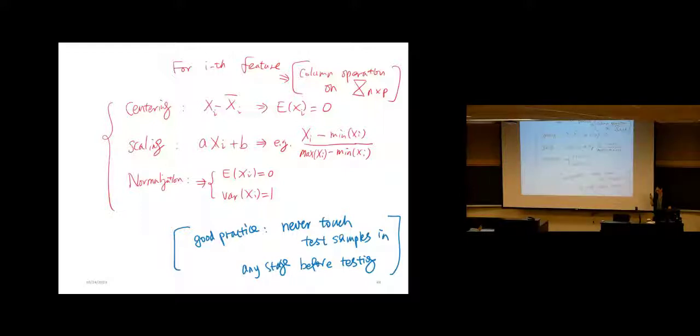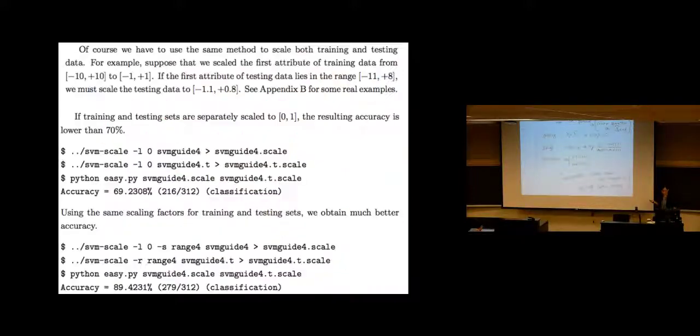Also very, very important is don't touch your test samples. When you calculate the max, the mean, or the average to do the centering, don't touch your test data. That's a good practice, just to let you know. You should not touch the test data, unless that's a semi-supervised setting.